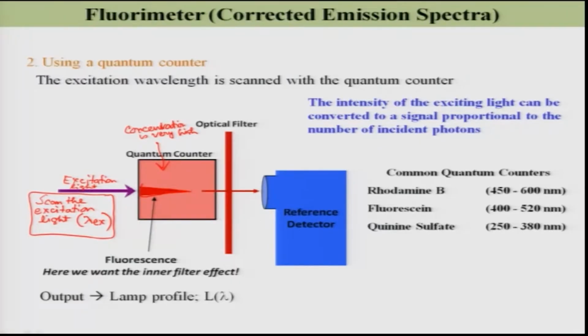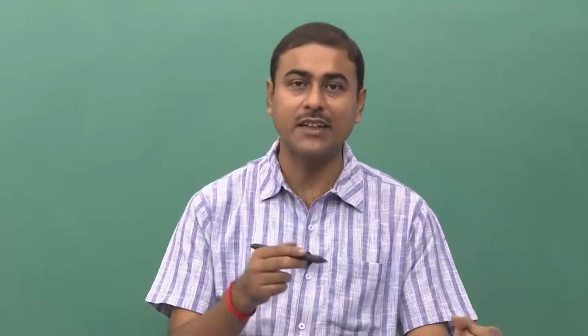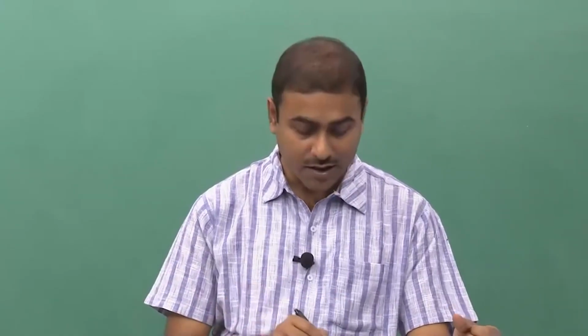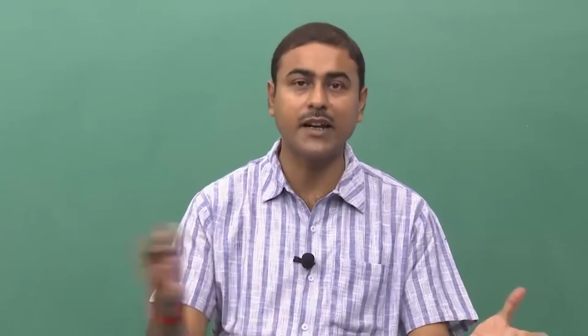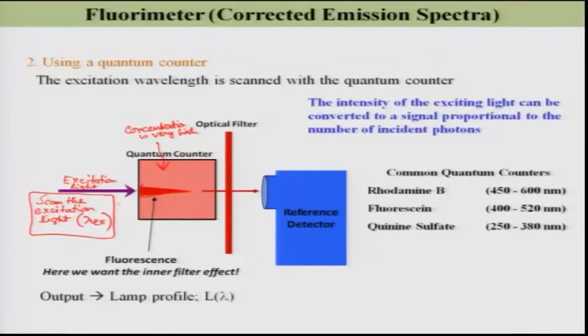So when you scan, depending on the spectra of the lamp output, the light intensity at different lambda excitation wavelengths will vary, as simple as it is. Let's draw the lamp spectra for this allowed region of the lambda excitation.